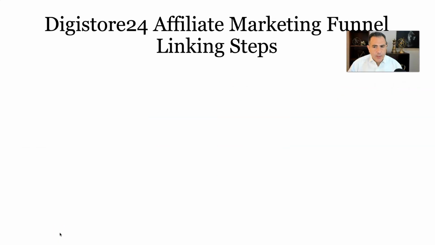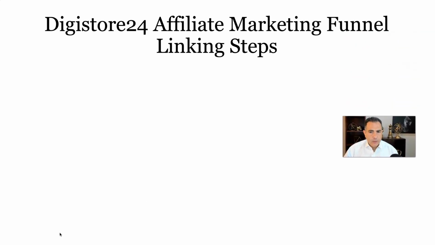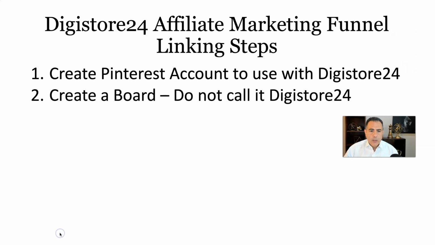And here are the steps that we're going to be going through for the Digistore 24 affiliate marketing funnel link. We're going to take it real easy here, and we're going to go through one step at a time. Number 1, create a Pinterest account to use with Digistore 24. Number 2, create a board, of course, on Pinterest. Do not call it Digistore 24, please.